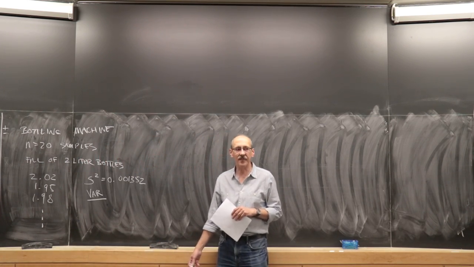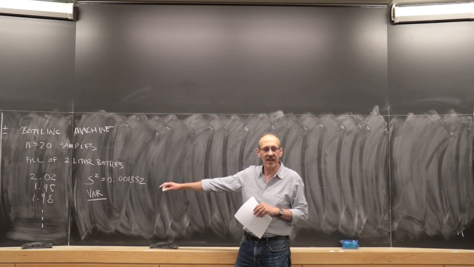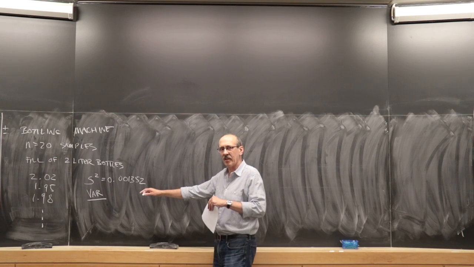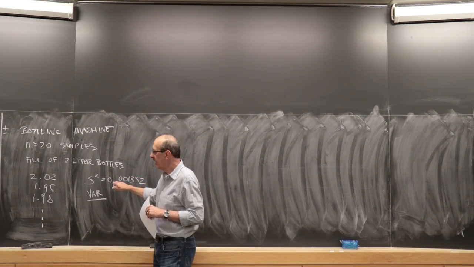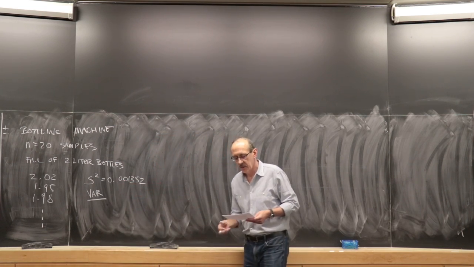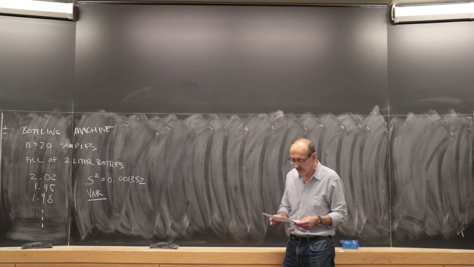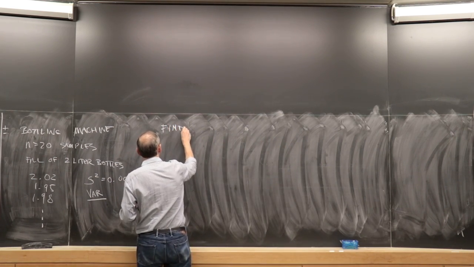So if you want to think about physical numbers, this is like liters squared. I have no idea what a square liter is. So it would be the square root of this, so it's more like 0.03, much larger.